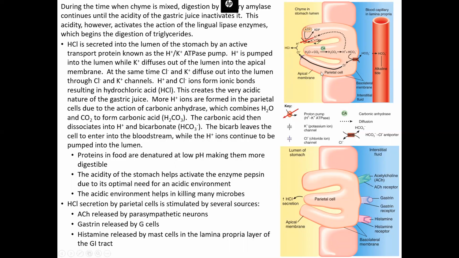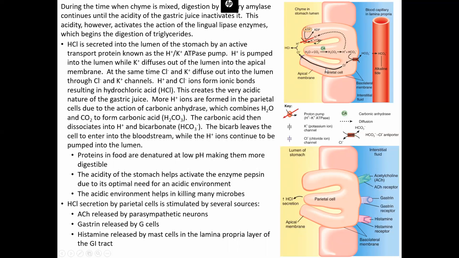So hydrochloric acid is involved with activating lingual lipase enzymes. We learned just previously that it's produced by parietal cells, but it's actually kind of unique in how we produce and release it. Hydrochloric acid, as you should remember from the beginning of the semester, is made up of 2 ions, hydrogen ions and chloride ions. We actually secrete them out into the lumen independently.